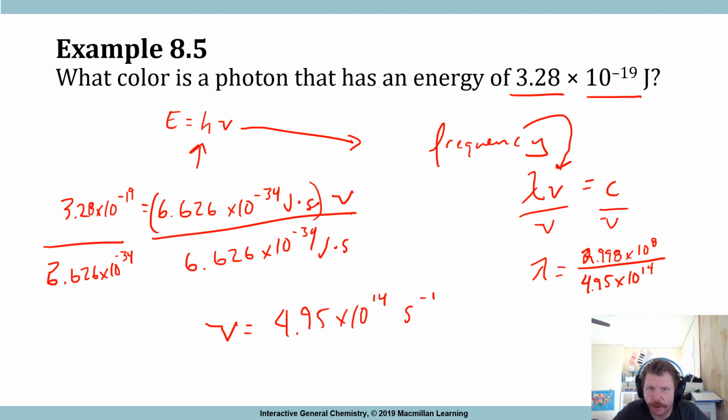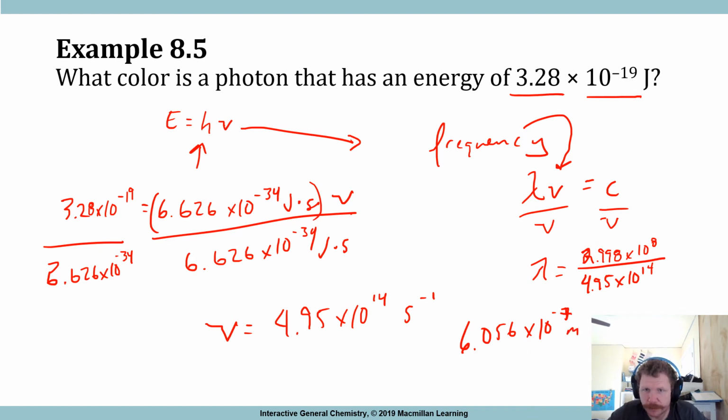Okay, so now wavelength: 2.998 times 10 to the 8th divided by 4.95 times 10 to the 14th equals 6.056 times 10 to the negative 7th.